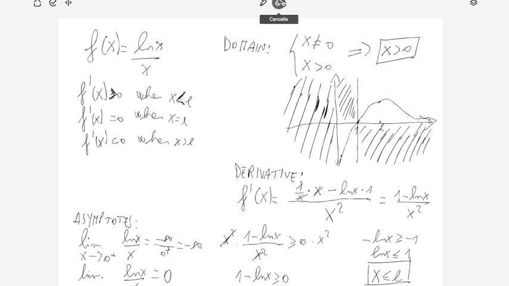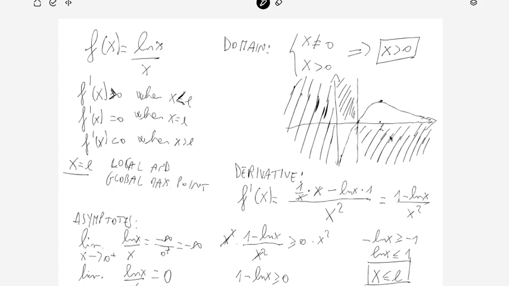Okay, this graph is ugly, but perfect, and it starts decreasing here. So in e we have a local but also global, in this case, maximum point. So x equal to e is a local and global maximum point.